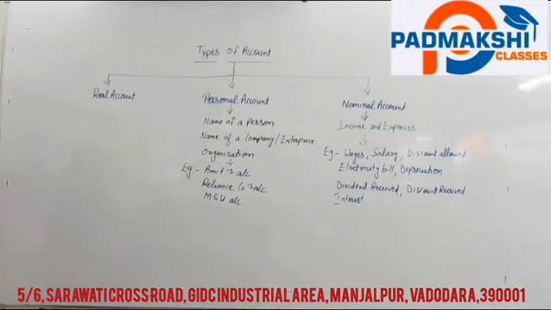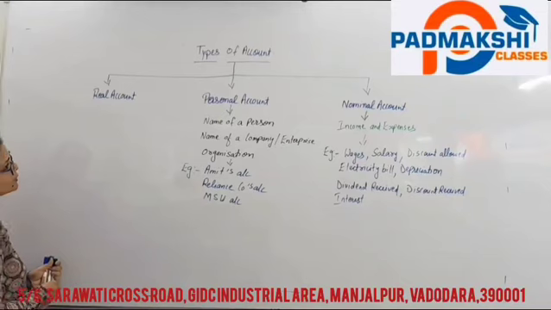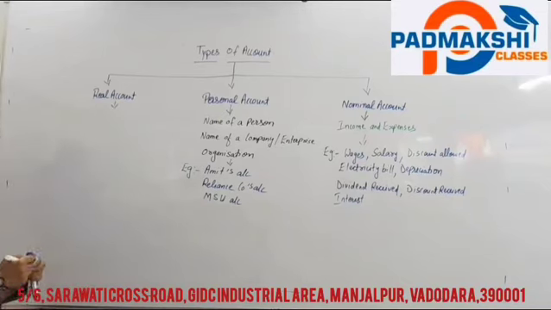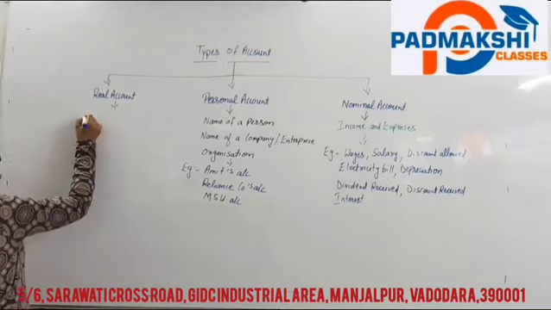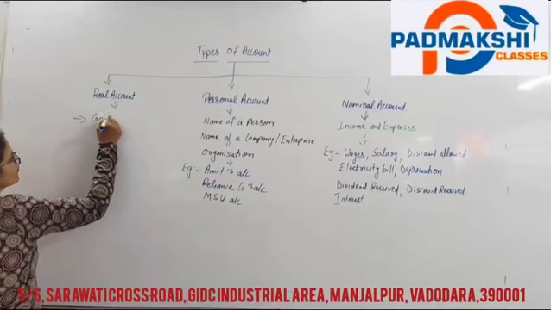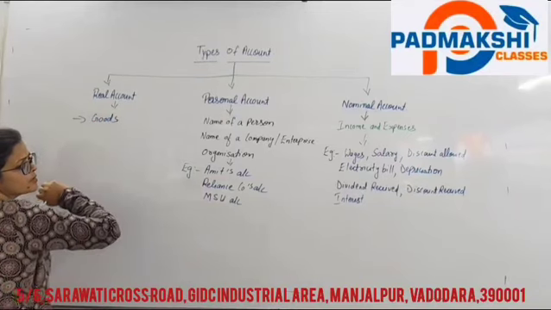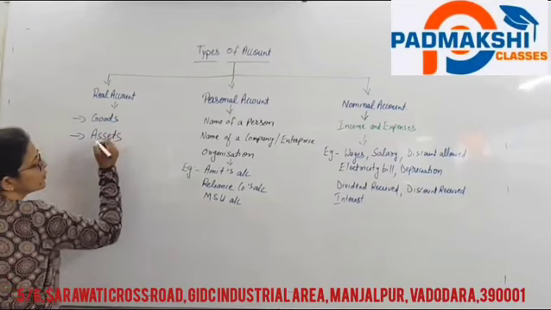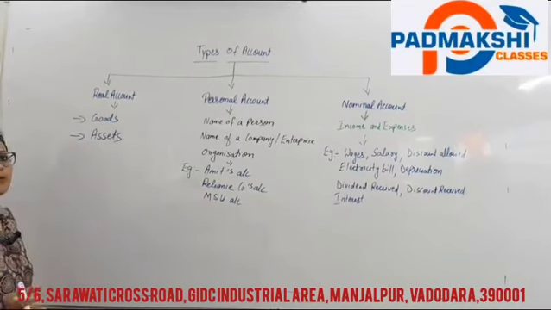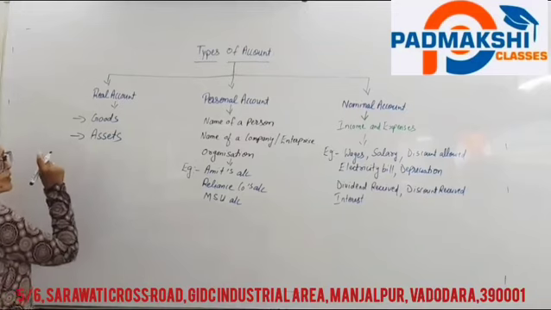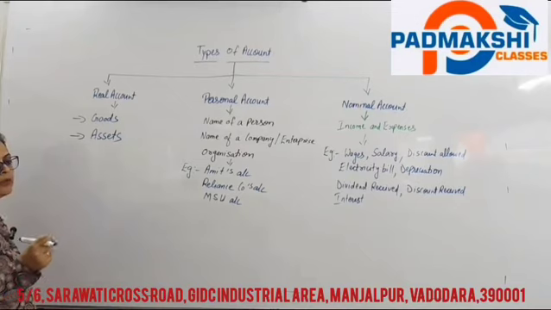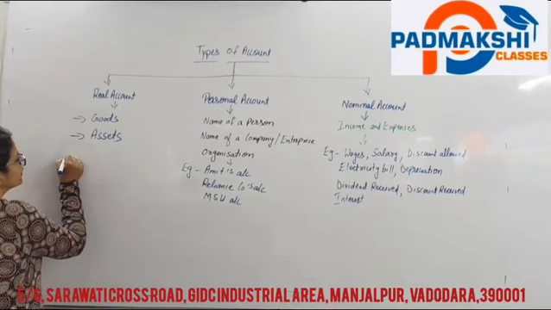Now we'll just quickly go back to the first type of account which we did in the last class. So what comes under this category? Transactions related to goods, assets, all types of assets, whether it's fixed, current, tangible or intangible, each and every sort of assets come under the category.